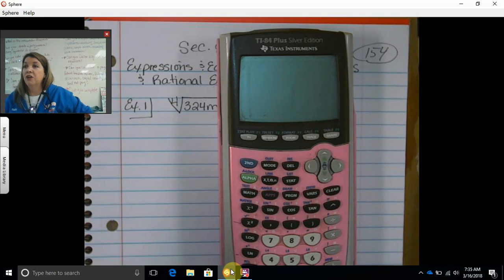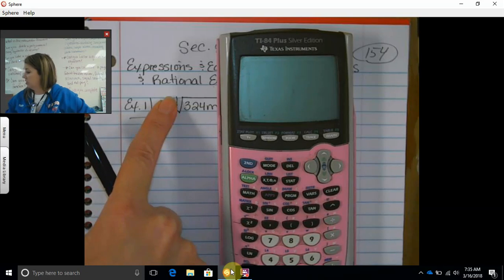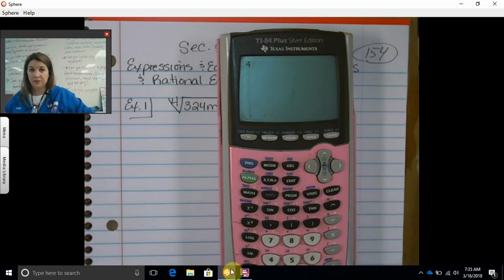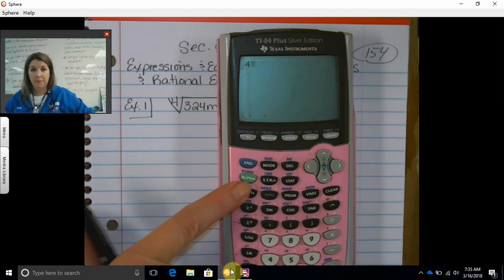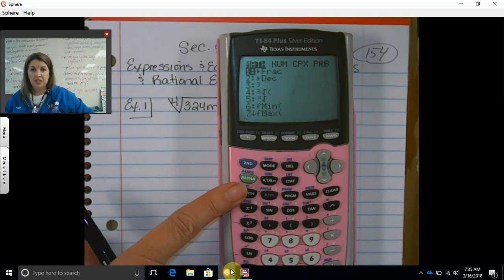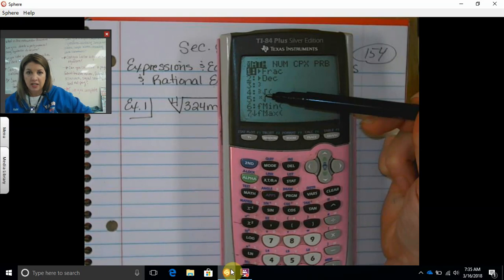If you're looking for a root higher than 3, you have to put the root in first. So we're looking for the fourth root. What you would do is hit 4, and then math. Look where my finger is. It's on the math key. Boom. This menu pops up. If you look at option 5 right here, see how the index, there's an X there?